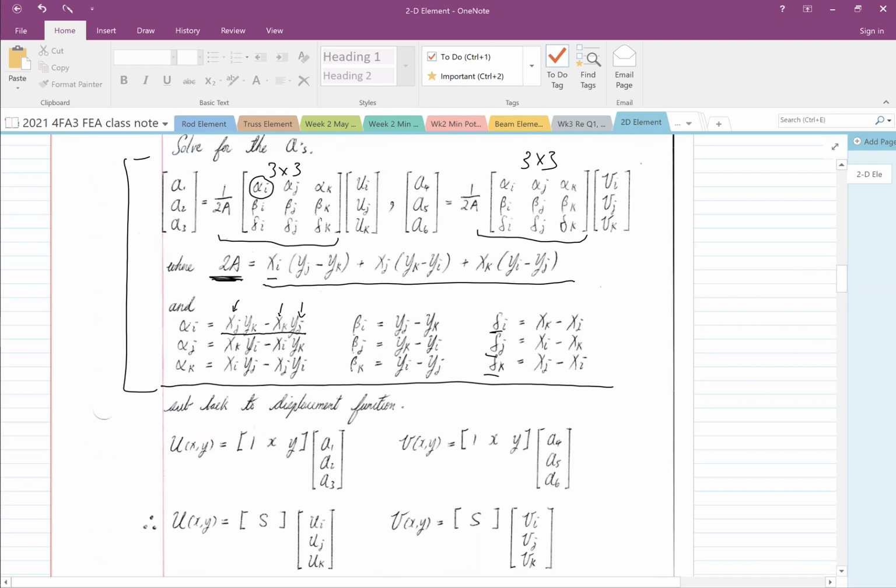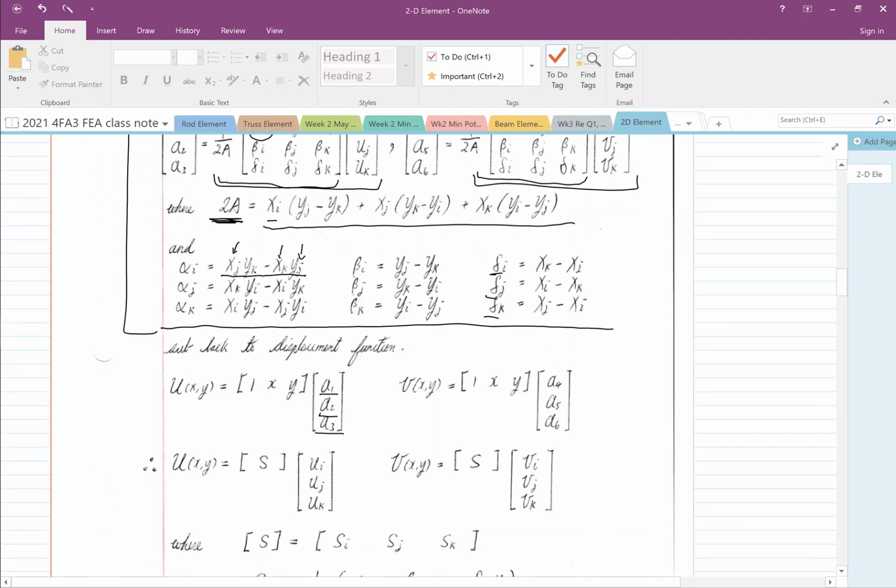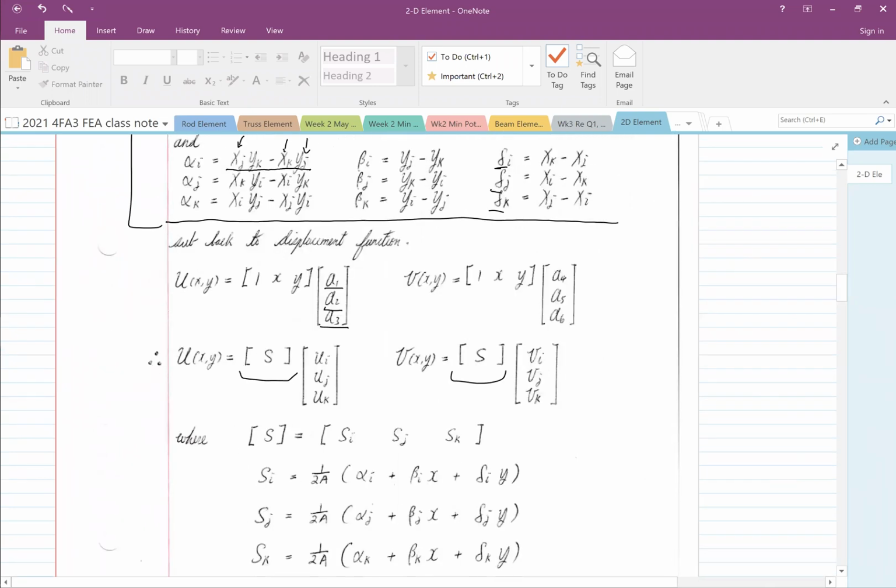Okay, where were we? That's right, we have A1, A2, and A3 as that big term right here. And then we factor out ui, uj, and uk, just like what we did in the previous sessions. We get a shape function for 2D elements.